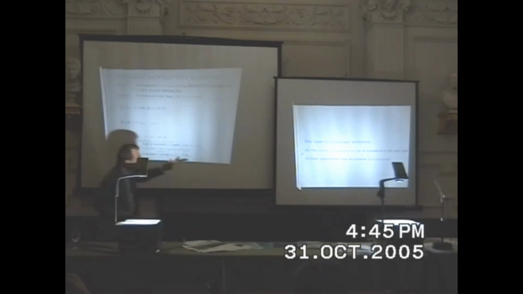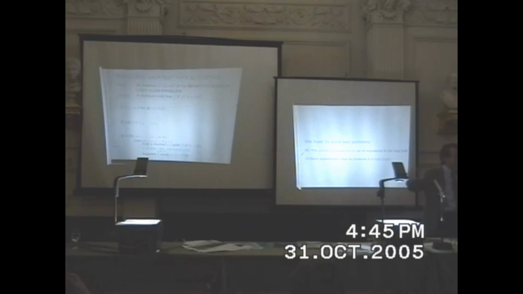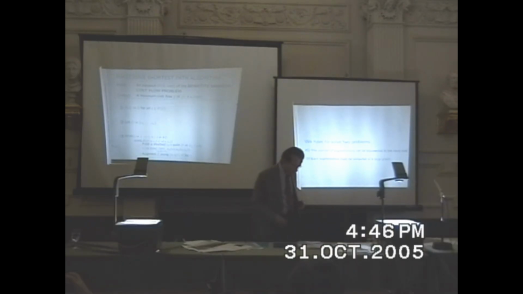And moreover, each augmentation must be computed in the incremental graph, which is G sub f. And this incremental graph is as large as the original graph, even larger because you have arcs in two directions if you do the implementation on this.